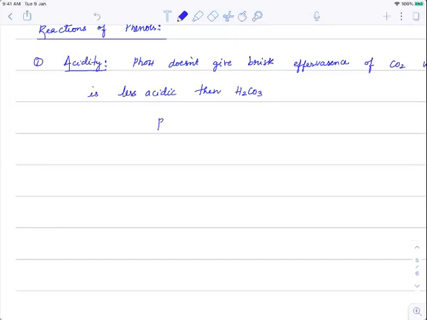If you recall, the pKa value of phenol is around 10, while the pKa value of carbonic acid is around 6.5. So which would make it sufficiently difficult for this reaction to happen.